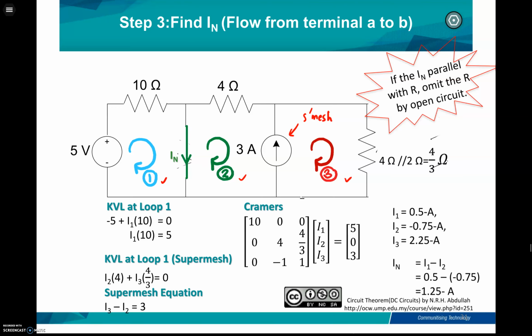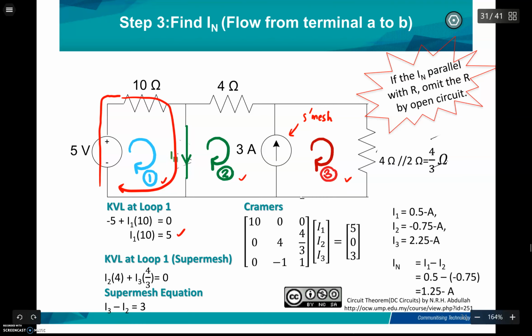So let's start with the first KVL at loop 1. KVL at loop 1, we start with the 5 volt. So minus 5 plus 10 times I1, which is I1 flowing through the 10 ohm, and then end with the 5 volt source.